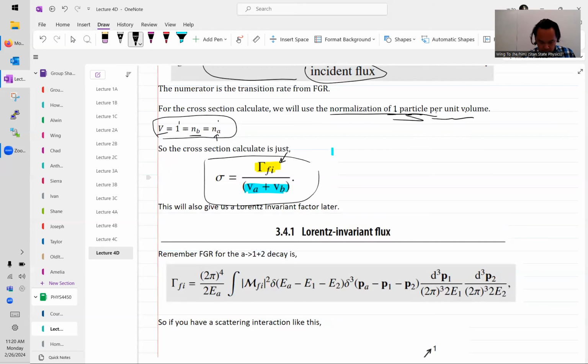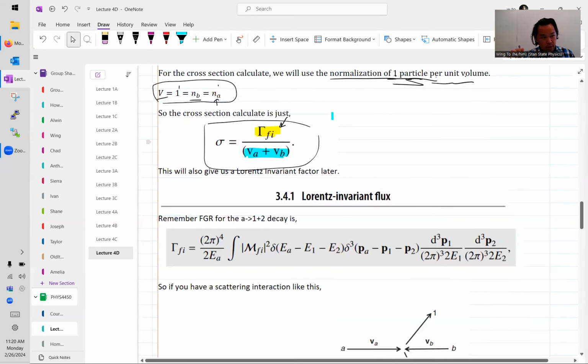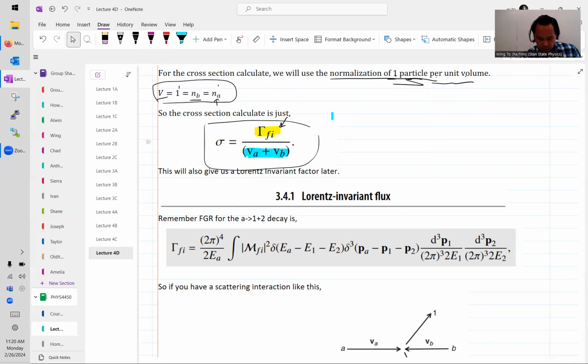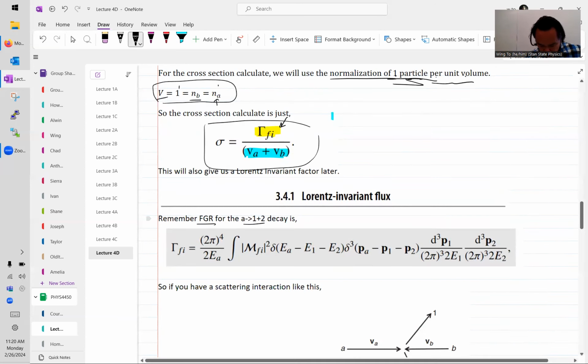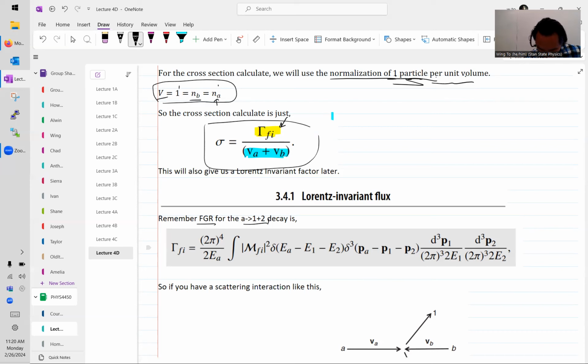Okay, so now we're going to try to plug in what we learned from Fermi's golden rule. Remember from the previous section, Fermi's golden rule is this complicated long equation that has, so this is for the 1 to 2 decay, where we have the energy of the mother particle decaying into 2 daughter particles, and then the momentum also, and these delta functions basically enforce conservation of energy and momentum.